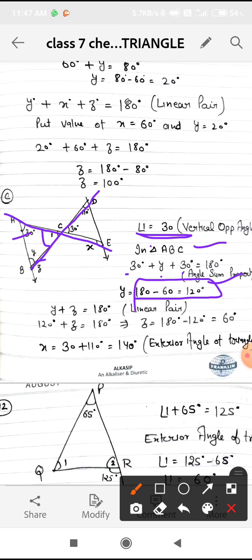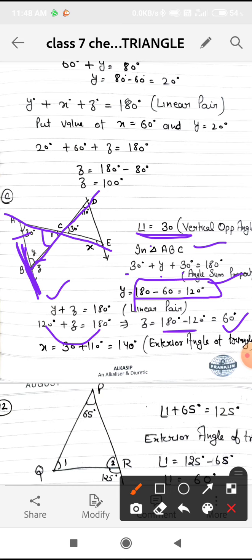Now let's apply linear pair to y and z. You can see this is a straight line. So y plus z is equal to 180, and y is 120 degrees. When you move to the right hand side, 180 minus 120, you get 60 degrees.